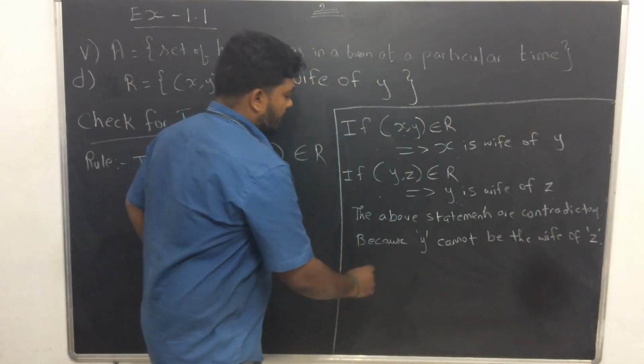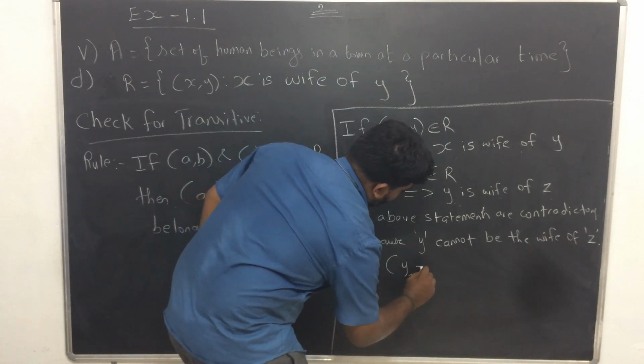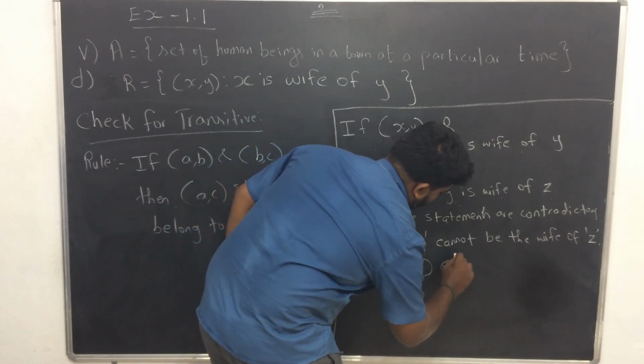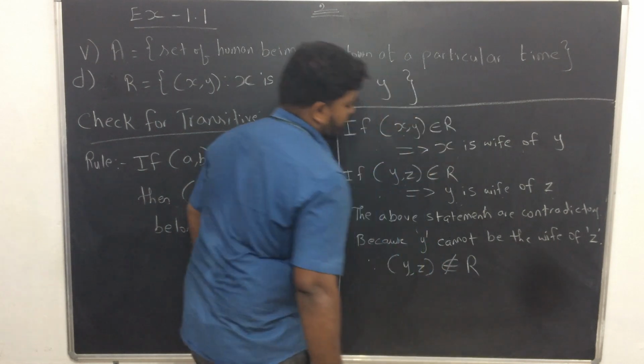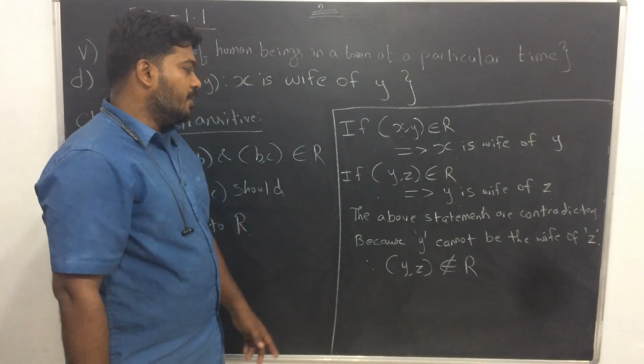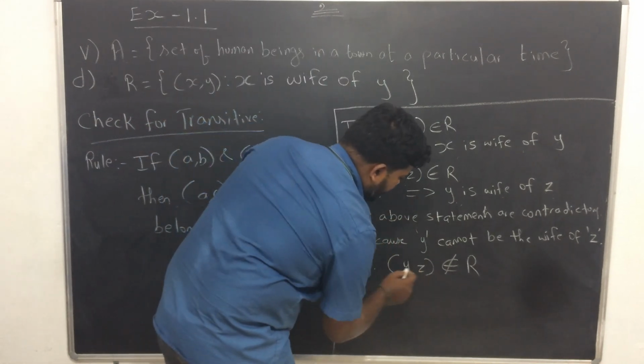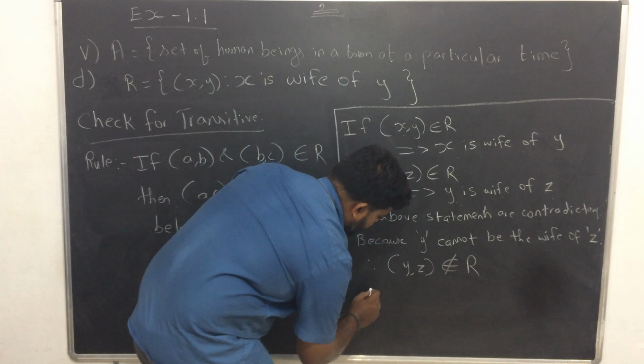Now, since ordered pair (y, z) does not belong to R, we can assume this relation to be transitive. Okay, you can write that. Therefore, (y, z) does not belong to R.